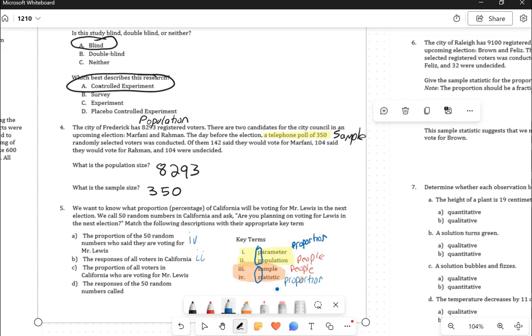The proportion, what you're studying from the responses, is the parameter. And finally, the responses of all of the 50 random numbers, that's your sample. So the responses are the people that you're getting information from, and the proportion is how many of those said that they were going to vote for Mr. Lewis.